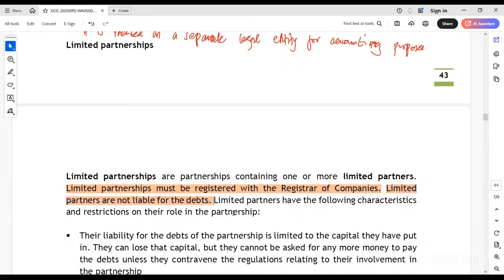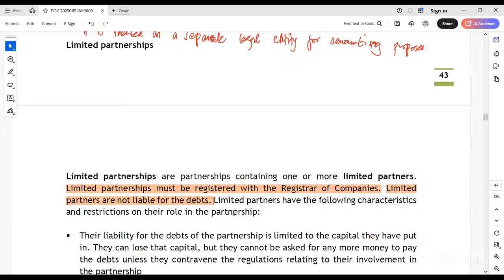So in case of failure to meet the business debts, the partners have limited liability. So that is a limited partnership.